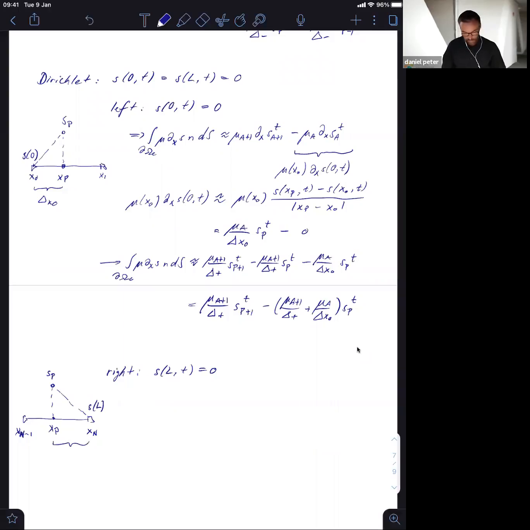So again, then we can approximate this derivative by this sort of backward differencing. So in this case, the term that would be at xa plus 1 involves the boundary displacement.